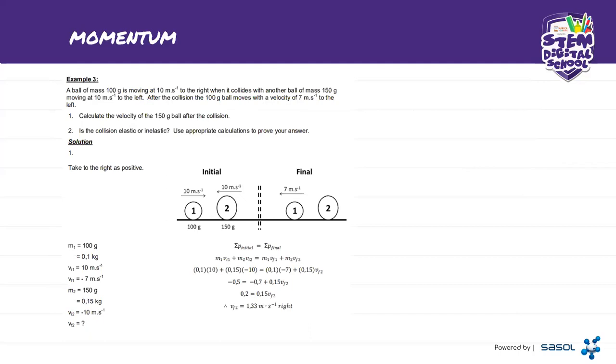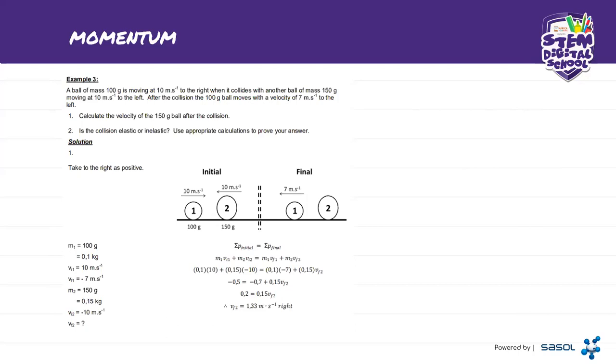After the collision, the 100 gram ball moved with a velocity of 7 meters per second to the left. What they want to know is, number one, calculate the velocity of the 150 gram ball after the collision. And number two, is this collision elastic or inelastic? Those are the two big questions that we're trying to solve here.